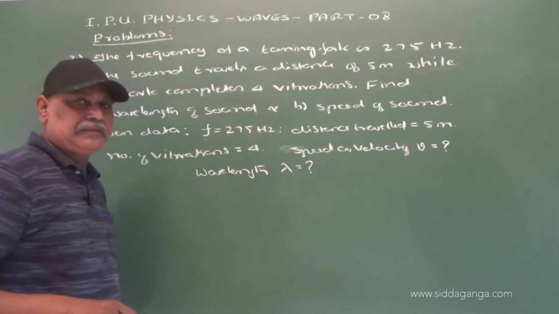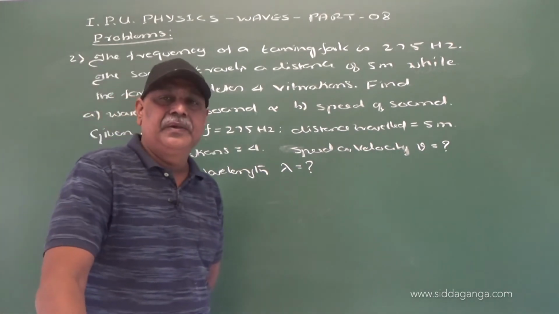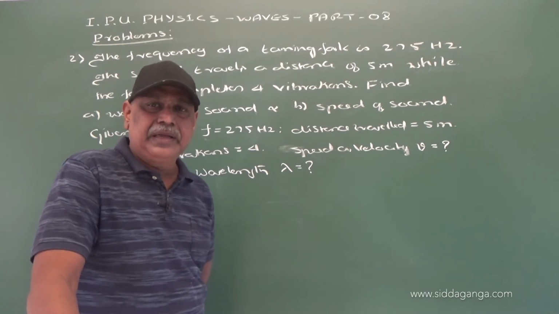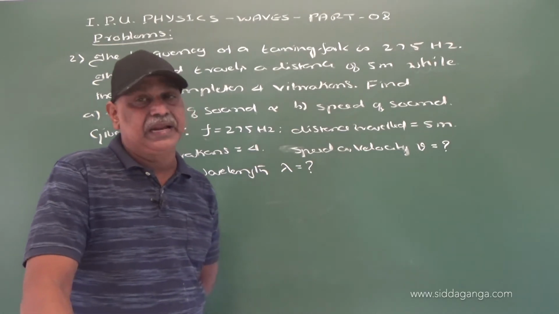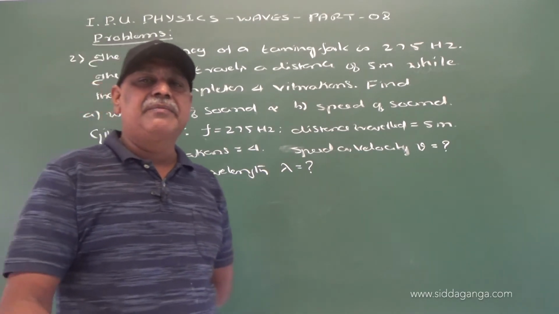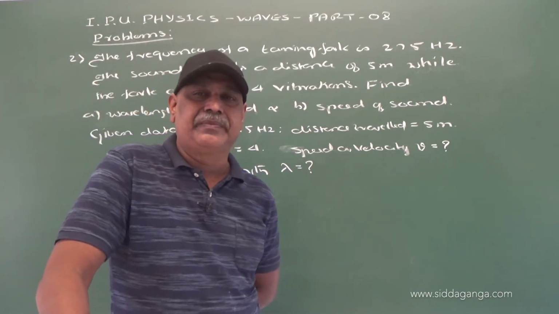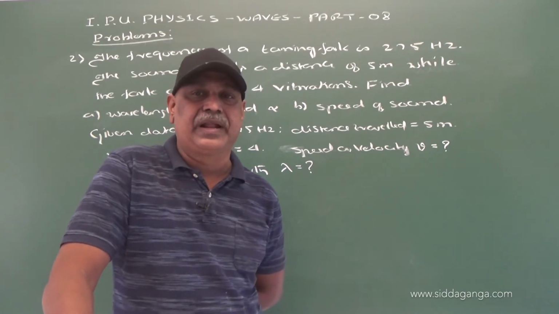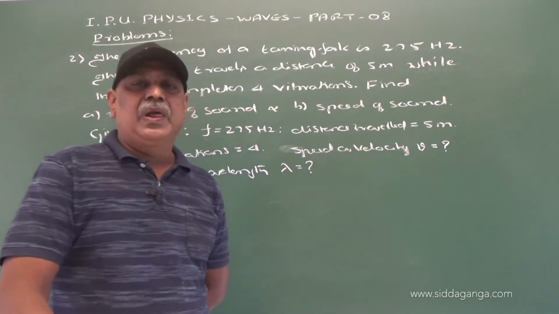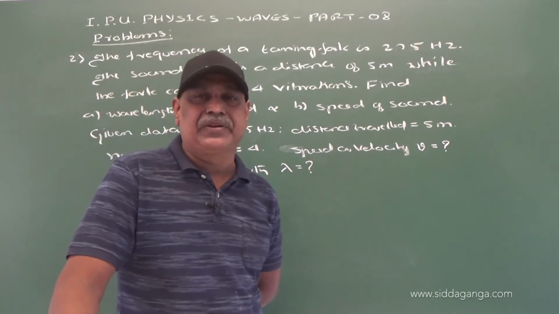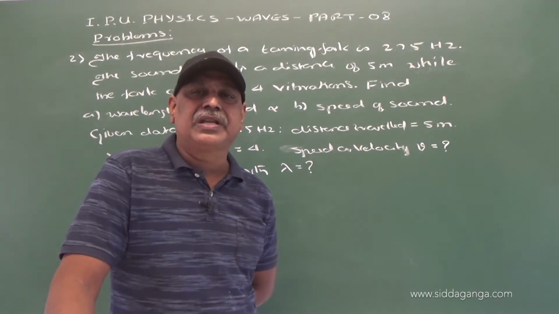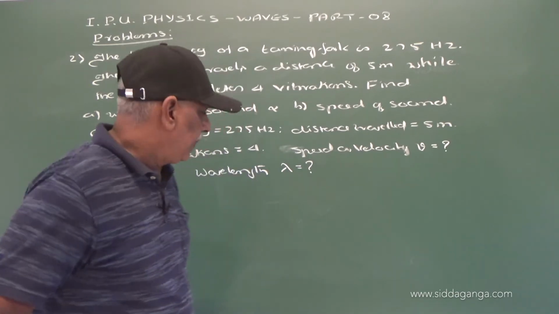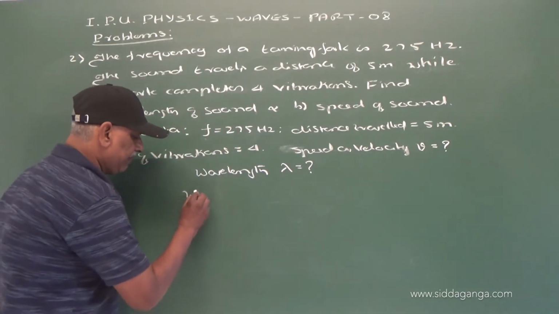How to find wavelength? We know that wavelength is the distance travelled by a wave in a time interval equal to its period. In a time interval equal to its period, the particles complete one vibration. That means when the particle completes one vibration, the distance moved by the wave is equal to wavelength.